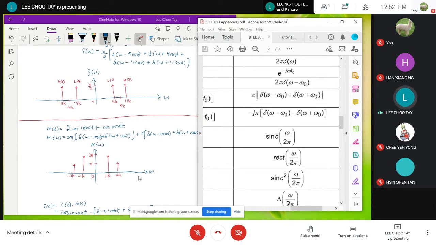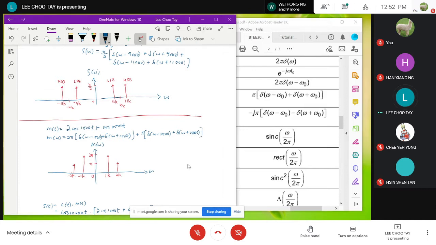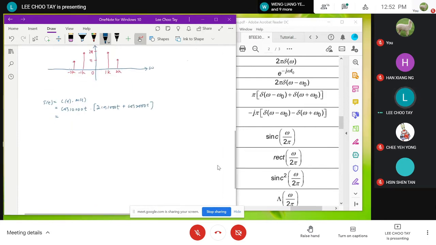So when you modulate the signal using the double sideband suppressed carrier technique, you just multiply the carrier with the message. So again, you need to work out the result of the multiplication. Here again, we do cross multiplication.